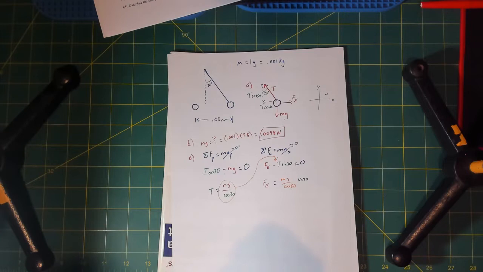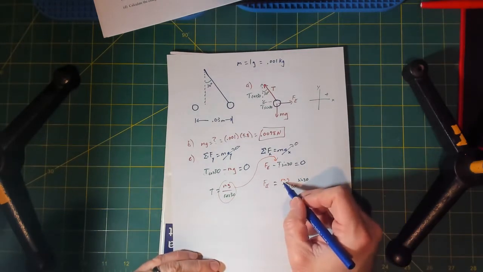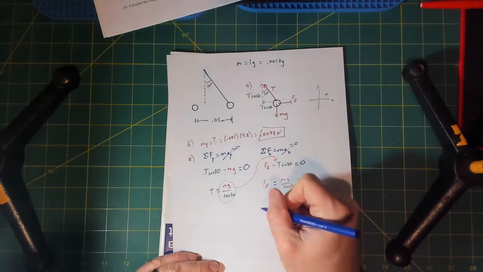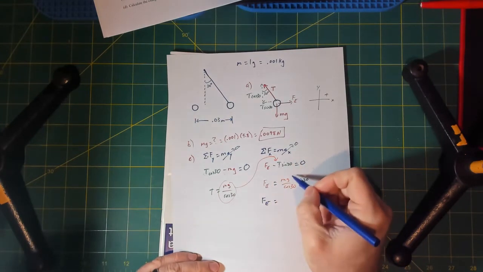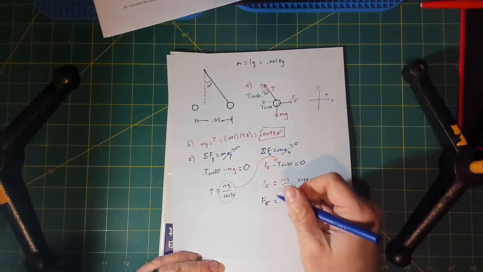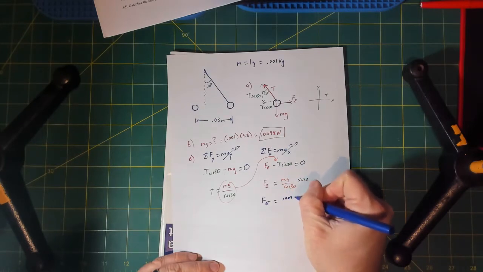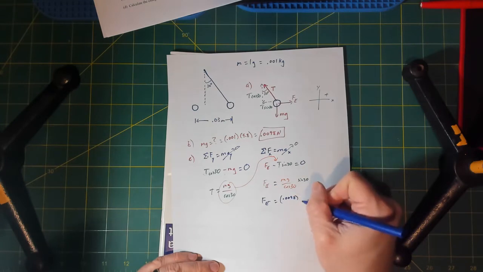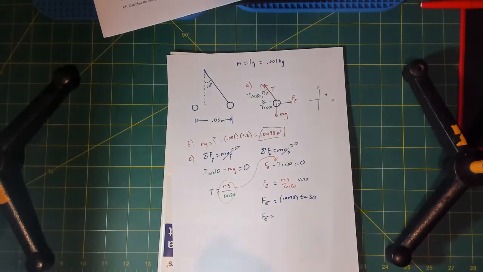At this point, we know the mass, 0.001 kilograms. We know g, 9.8. We can solve for that Fe. So Fe is going to be equal to, that mg ended up being 0.0098, times sine over cosine, which is just tangent of 30. Okay, so I can punch that in my calculator.